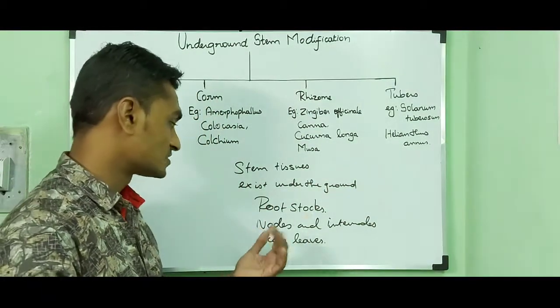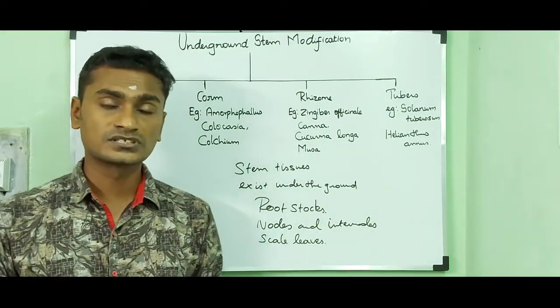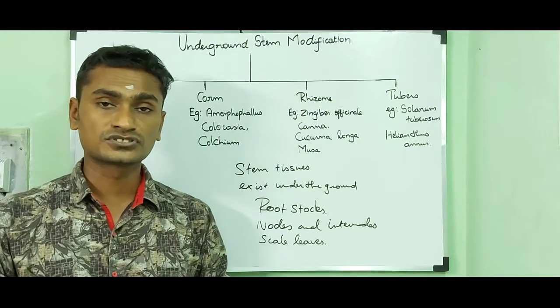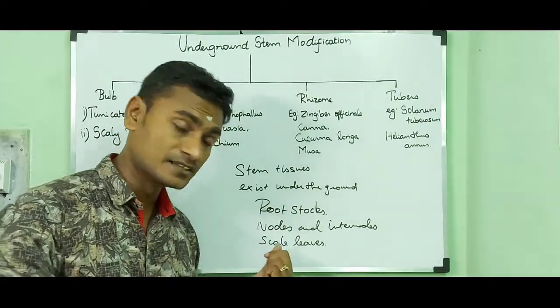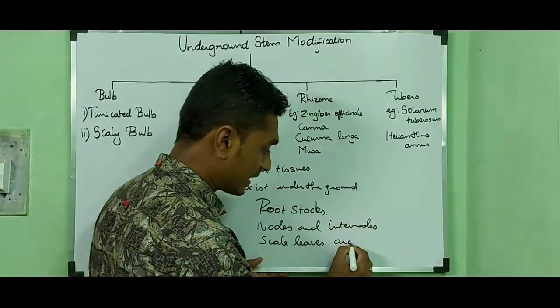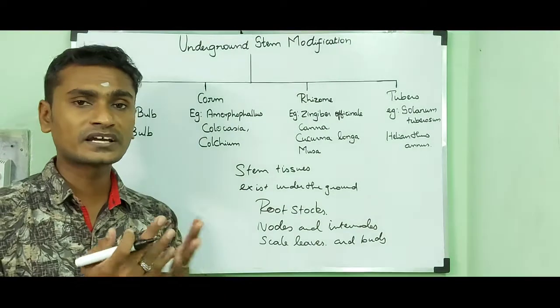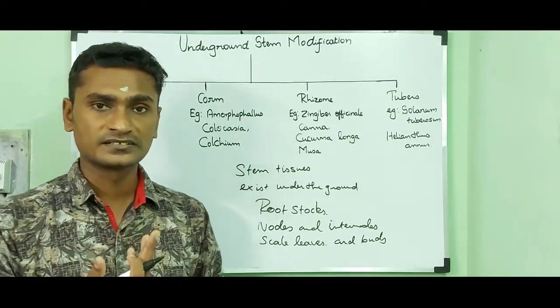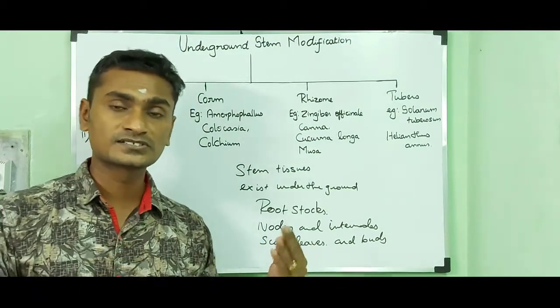Actually, nodes and internodes are the characteristic features of stem, and it contains scale leaves and buds. So these are all characteristic features of stem. Roots do not have nodes and internodes, scale leaves or buds. So that is why it is called as underground stem.